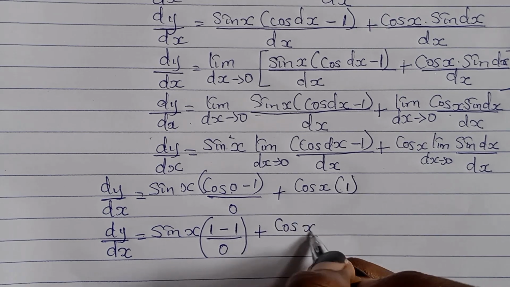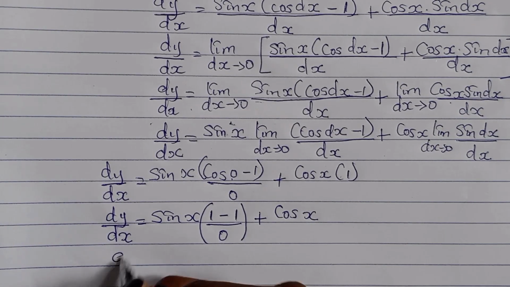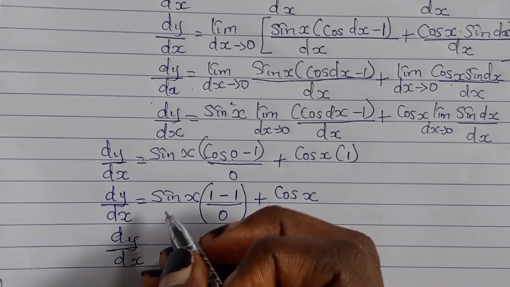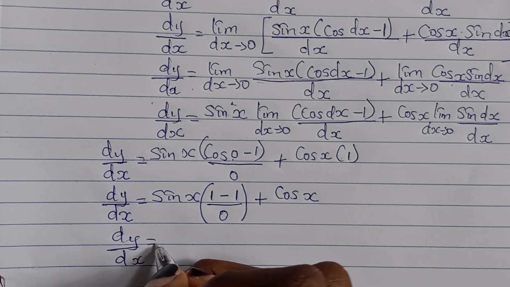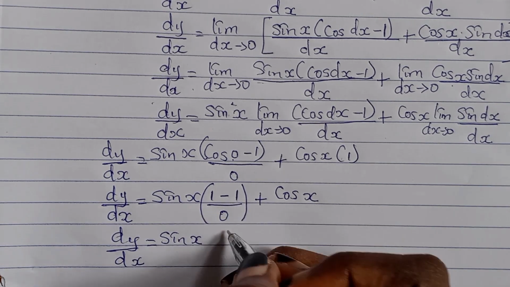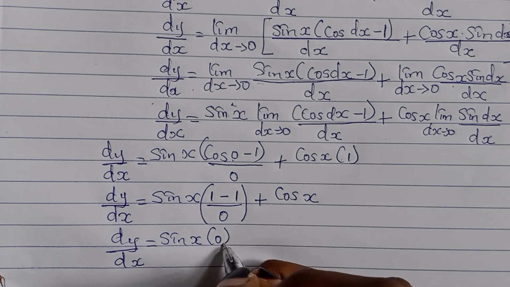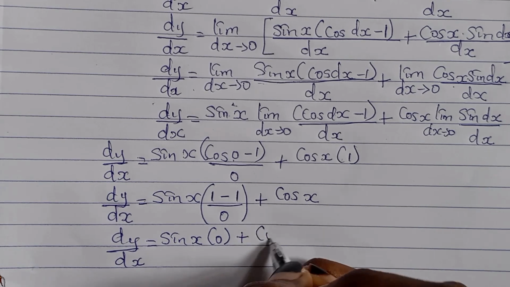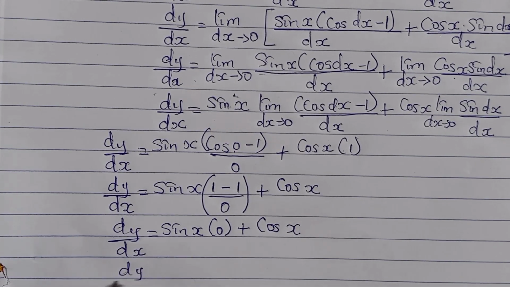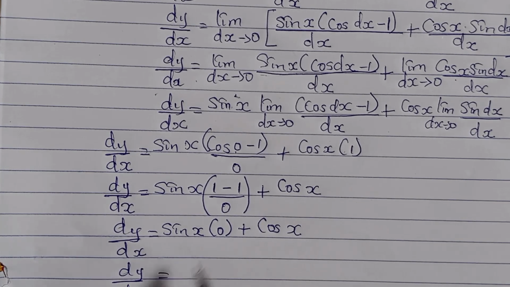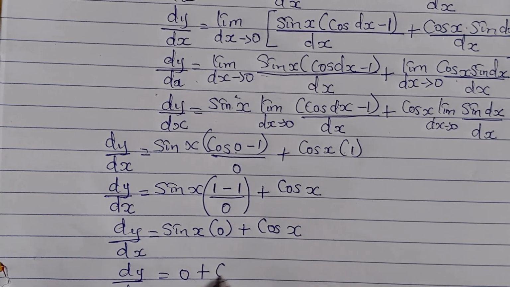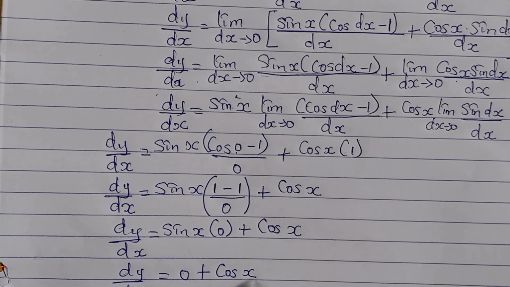Cos x times 1 is cos x. So from this we have dy divided by dx equals sine x, 1 minus 1 is 0, 0 divided by 0 gives us 0, times 0 plus cos x. From here, sine x times 0 is 0, plus cos x.